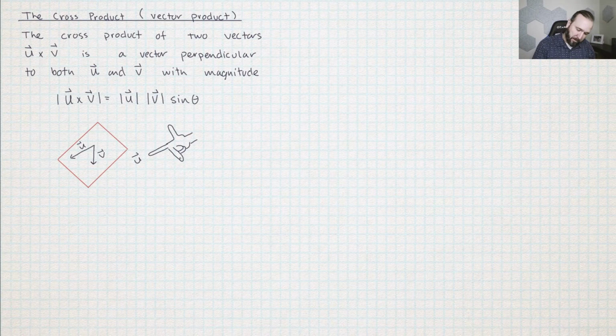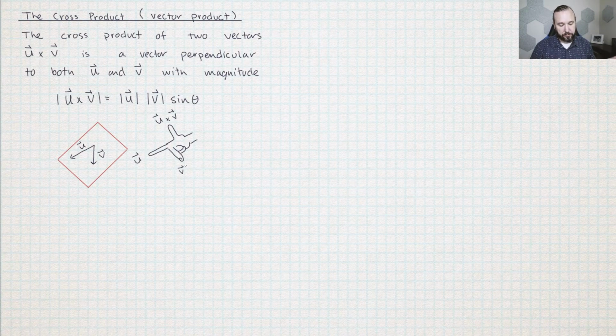Whichever way your thumb points is the result. So in this case, my thumb is pointing in the direction of u cross v because my index finger goes down u and my middle finger goes down v. You can see that if I reversed that, if I put my index finger down v and my middle finger down u, then my thumb would point in the other direction.